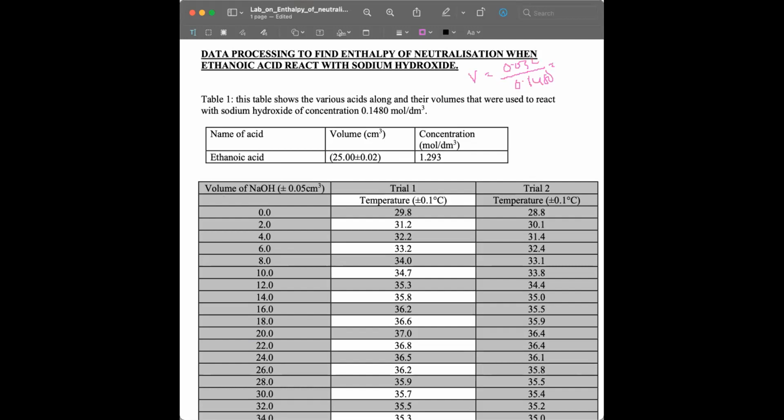It's 0.21 decimeter cube, meaning 210 centimeter cube. It's so way off. The temperature decreases at 20, so it should actually have decreased at 210.